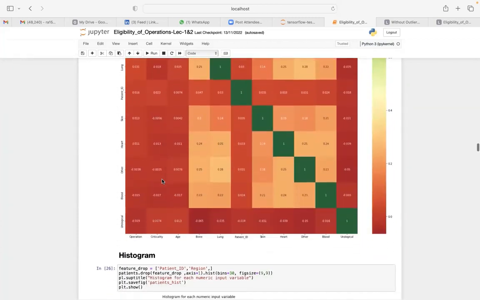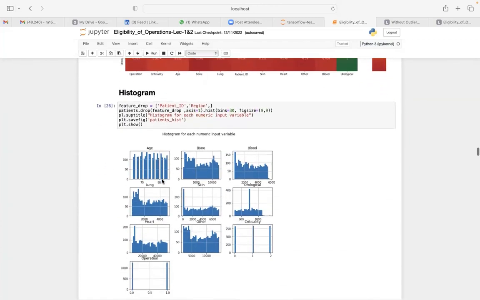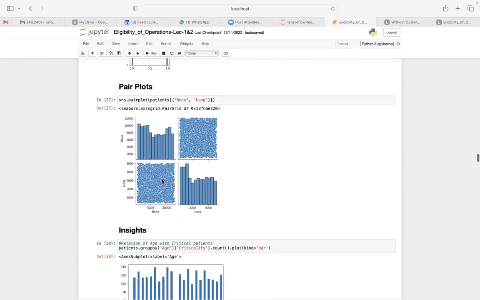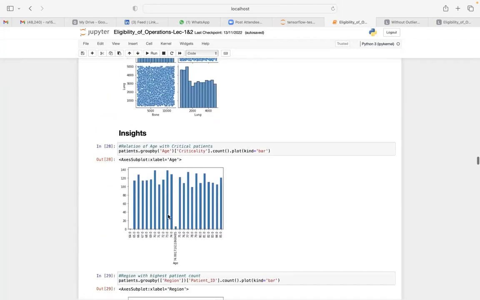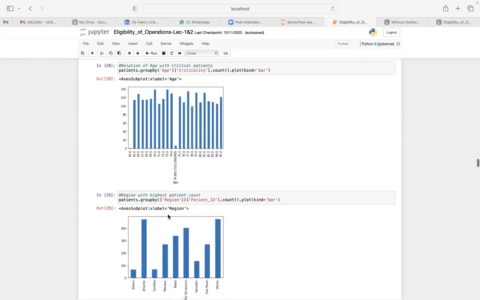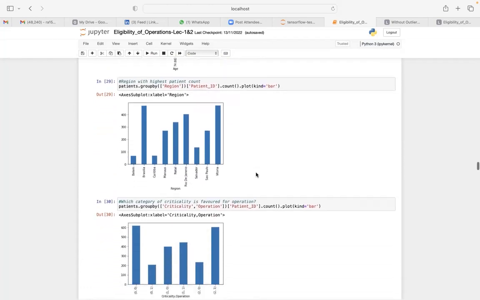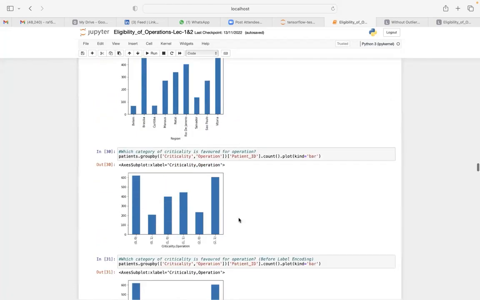Okay. And we saw some histograms and pair plots to find if there is any pattern in the data that we should be aware of. And then we saw some insights: the average age of the patients, and which region is the most highly impacted. We also saw which critical group is in favor of operation in this data.